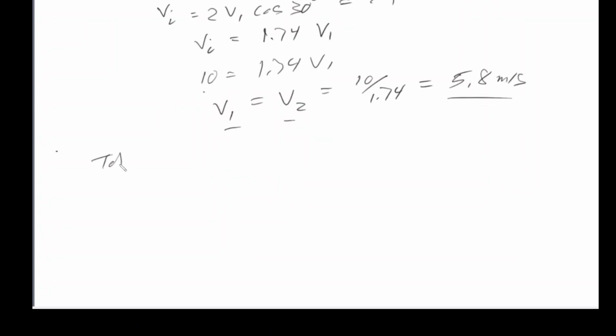Now we want to know what the total kinetic energy is. Well, we want to know if the kinetic energy is conserved, so we have to find what the kinetic energy is before and after the collision and see if it's the same.